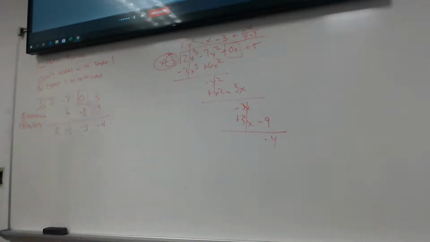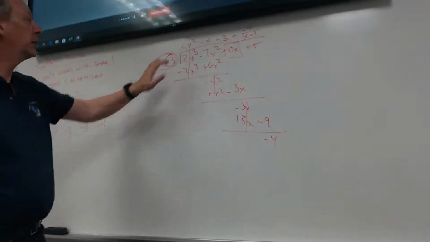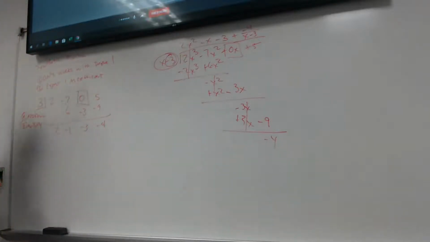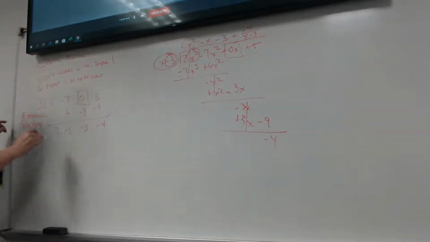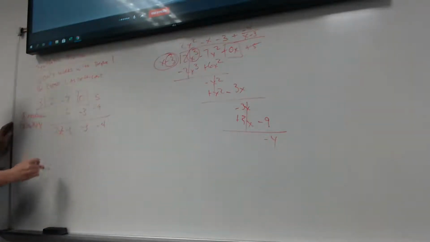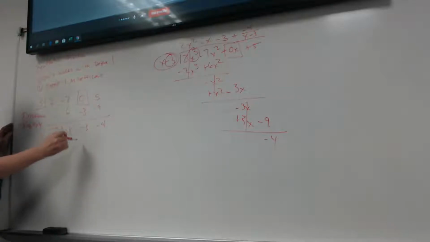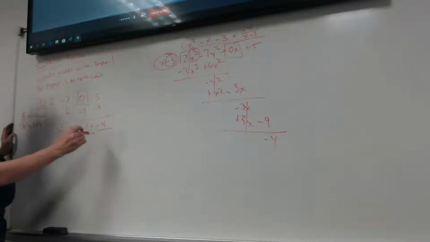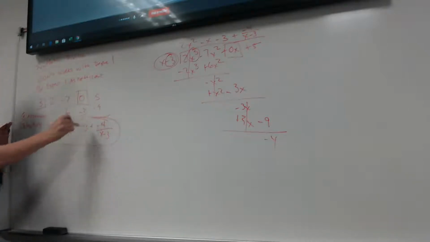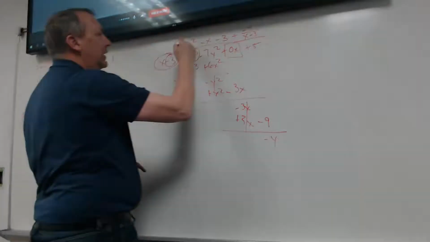What you'll notice is all of these coefficients match what you've got here. Because I started with an x cubed term, I'm just going to go down. This becomes 2x squared minus x minus 3 plus my remainder, negative 4 over x minus 3. And you'll see that that is exactly the same as that.